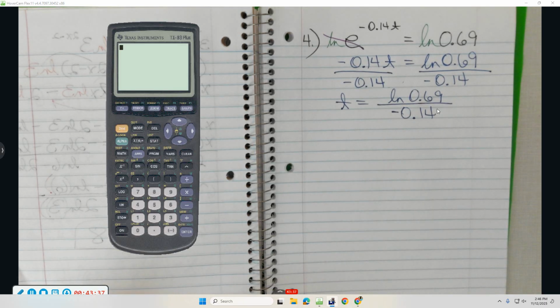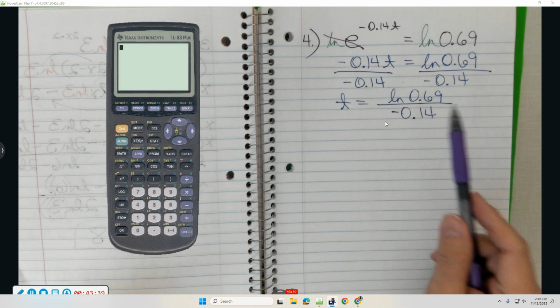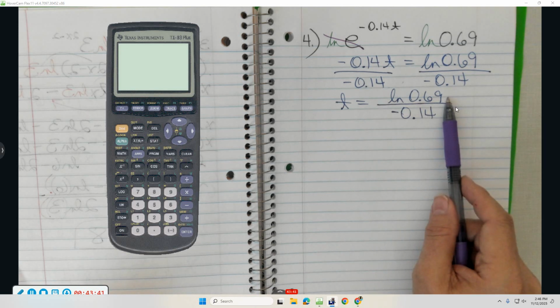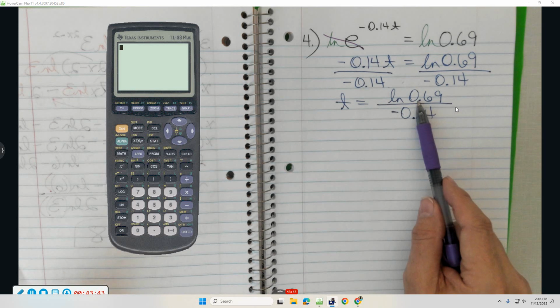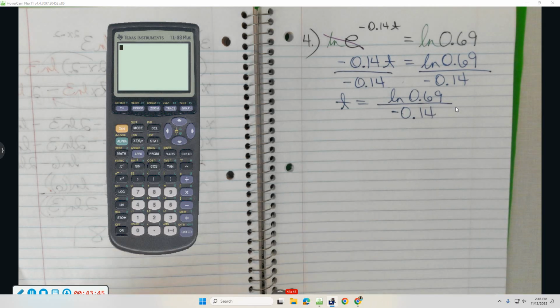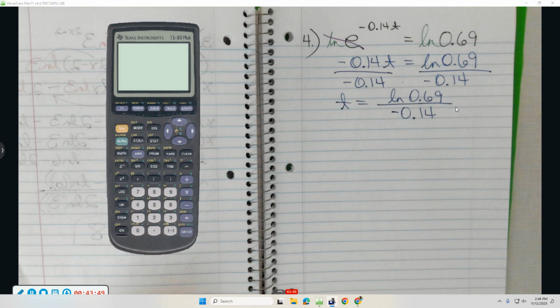But I think the only operation we see here is division. A messy number divided by a number. So we don't really need the parentheses. I would highly recommend that you use them, though. I'm going to.